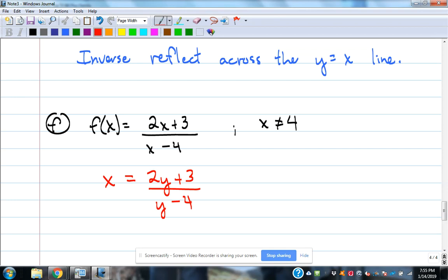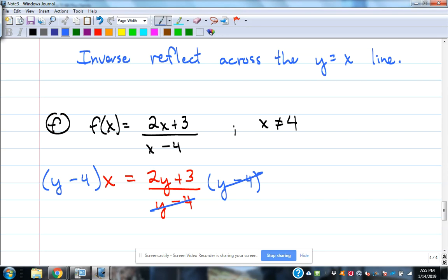So what we need to do is get rid of the y in the bottom. To get rid of that, what's the opposite of division? Try again. Multiplication. Y minus 4 is what we're going to multiply by. That will cancel this out down here, so we get the y out of the bottom.